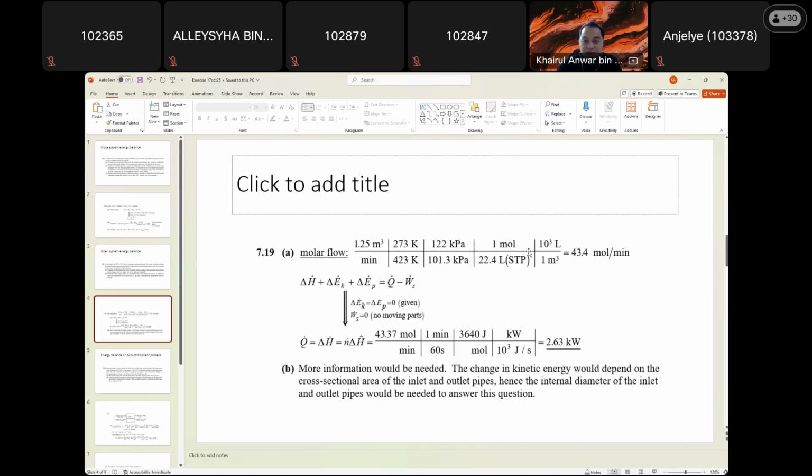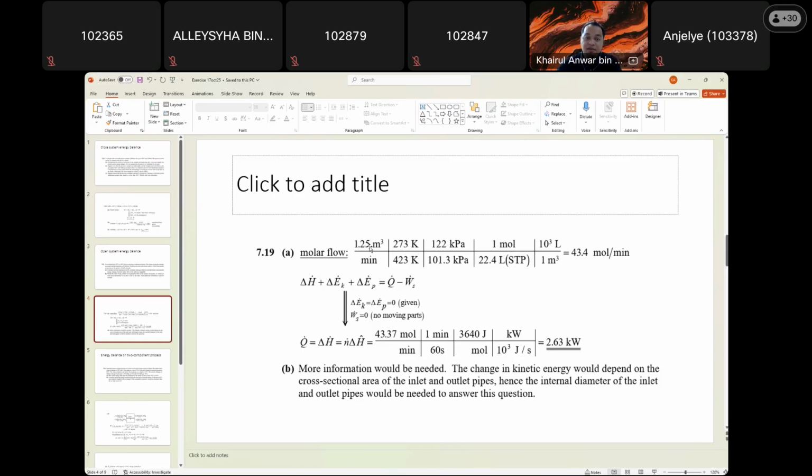So how to do this? You need STP. STP is 22.4 liter per 1 mole. But with STP, there are temperature and pressure. That's why you see 101 and 273.